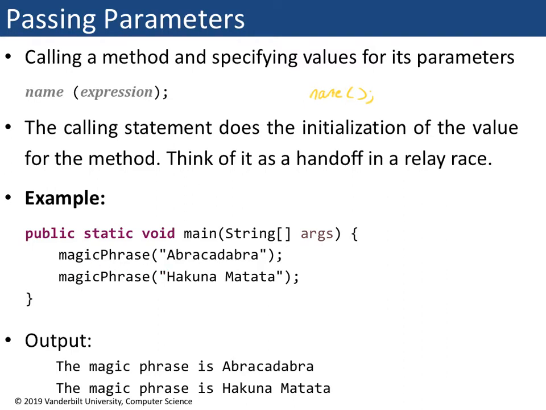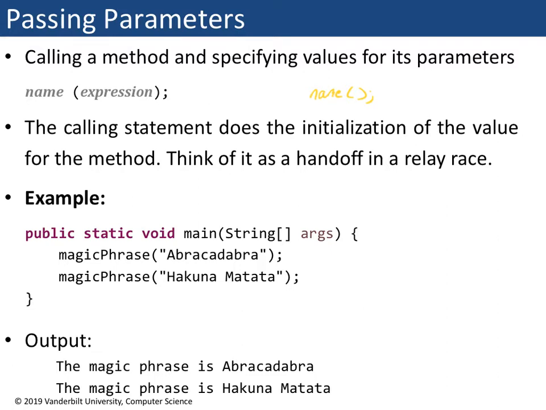And inside the method magicPhrase, it will print out the string "The magic phrase is" concatenated with the string which has been passed. So the magic phrase is, and then we concatenate abracadabra and display that to the screen. Remember how program flow works when you're dealing with methods.